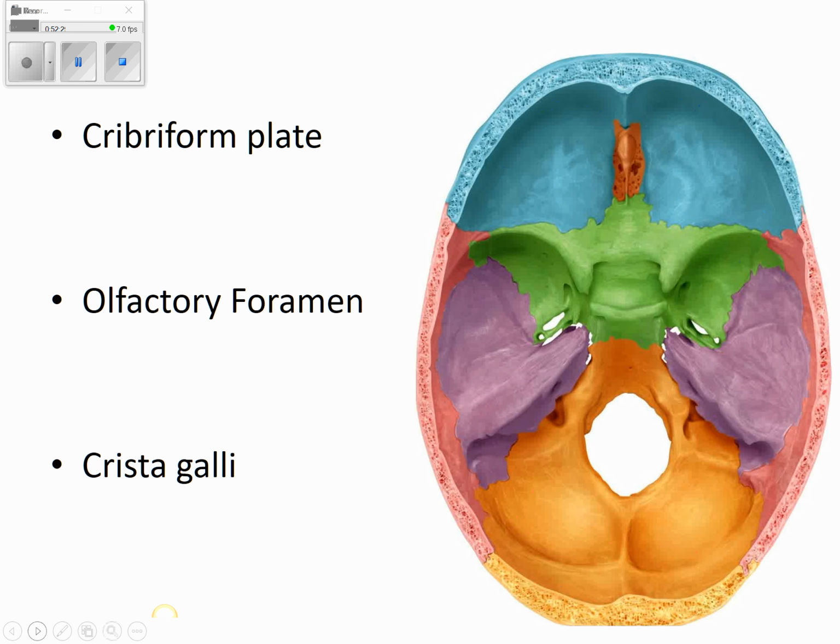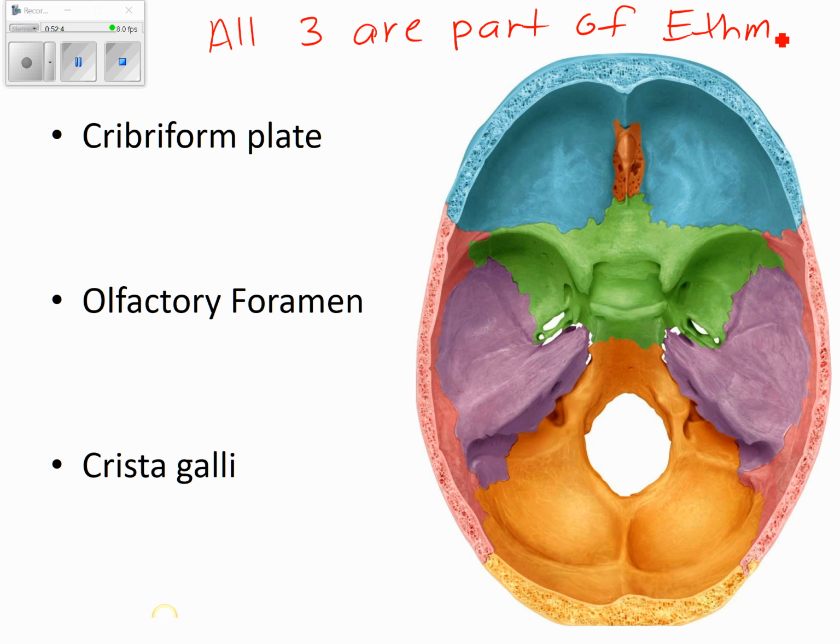Next, all three of these are part of the ethmoid bone. Okay, so you have the cribriform plate, olfactory foramen, and the crista galli. So the cribriform plate, of course, is going to support the olfactory bulb.